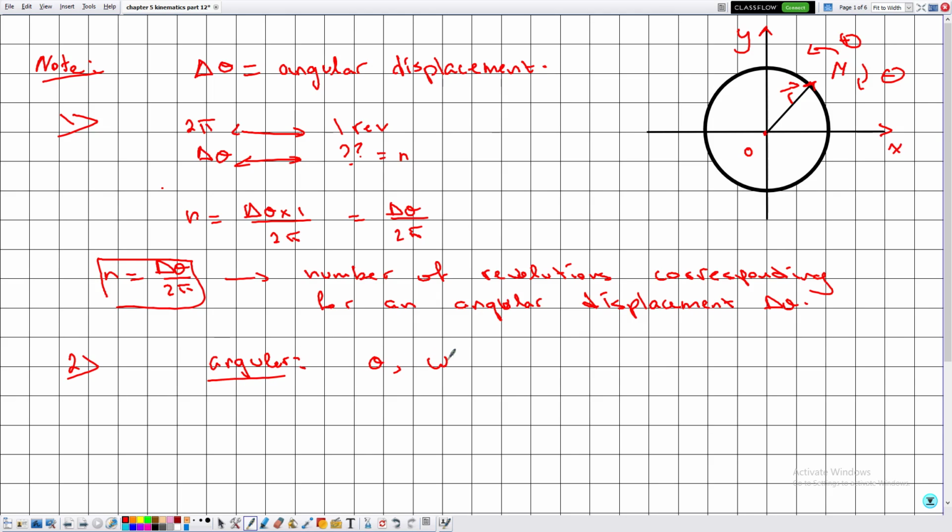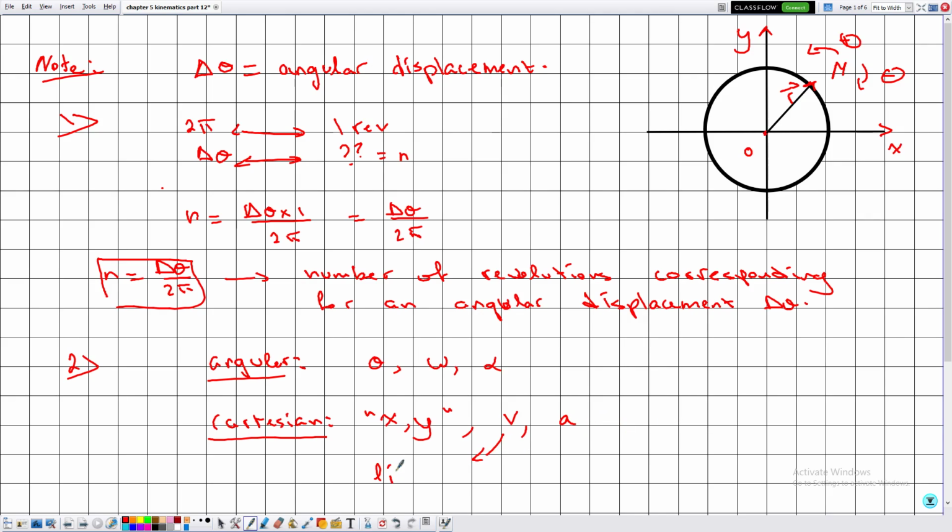Now as for note number 2, in the case of the angular quantities, we have theta, omega, alpha. So this is the angular position, angular speed, angular acceleration. As for the Cartesian, we have for example x, y, so this is the position, we have v, we have a.